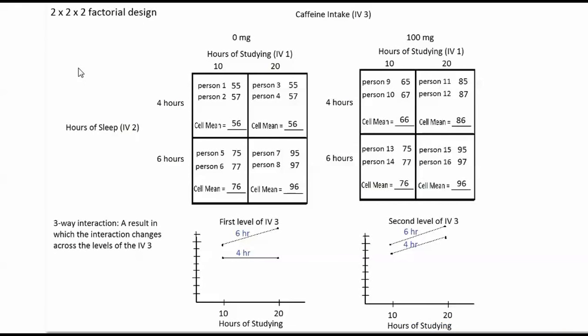If we did do a 2 by 2 by 2 by 2 factorial design, we could look at whether the 3-way interaction changes across the levels of the 4th independent variable. If the 3-way interaction does change across the levels of the 4th independent variable, then we would have a result called the 4-way interaction. We won't get into the details of that, but I just wanted to mention that it would be possible to do an experiment with a 4th independent variable and then look to see if we find a 4-way interaction.